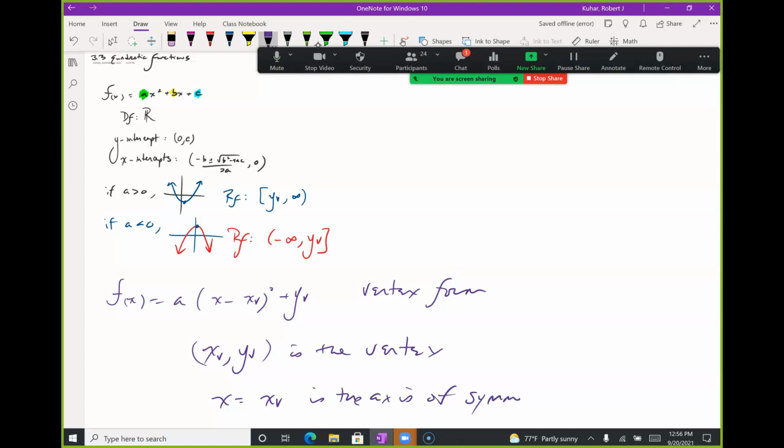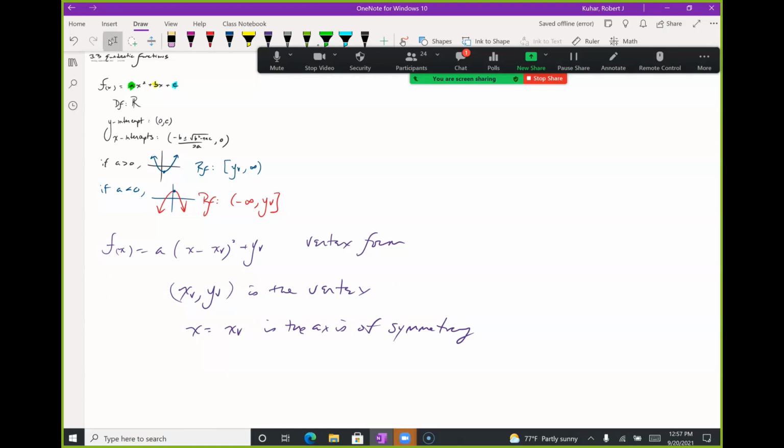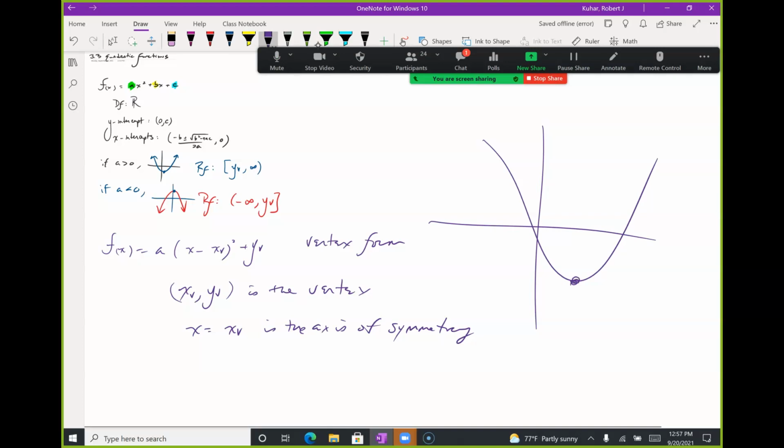Professor? Yes. I'm sorry, I'm a little confused about what the v is. Yeah. So I use that subscript v to tell me that this particular point is an x, y, but I'm saying it's the vertex, so I'm calling it x sub v.